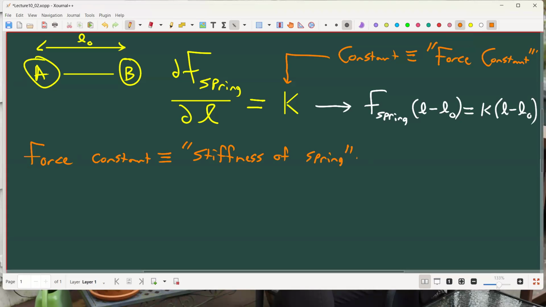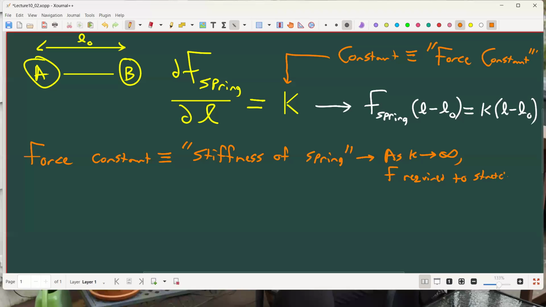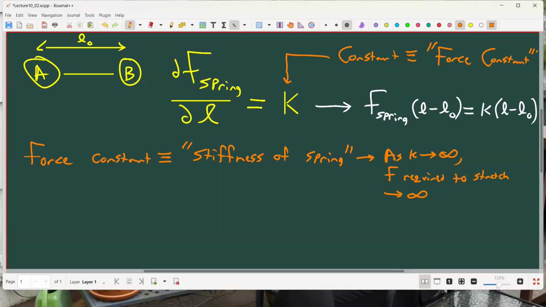Meaning that as K gets larger, the force required to stretch goes to infinity as well. It's a function of that.